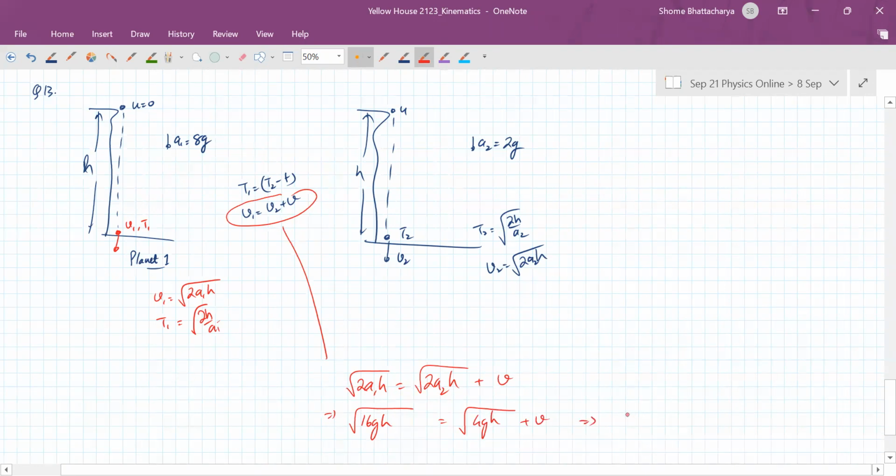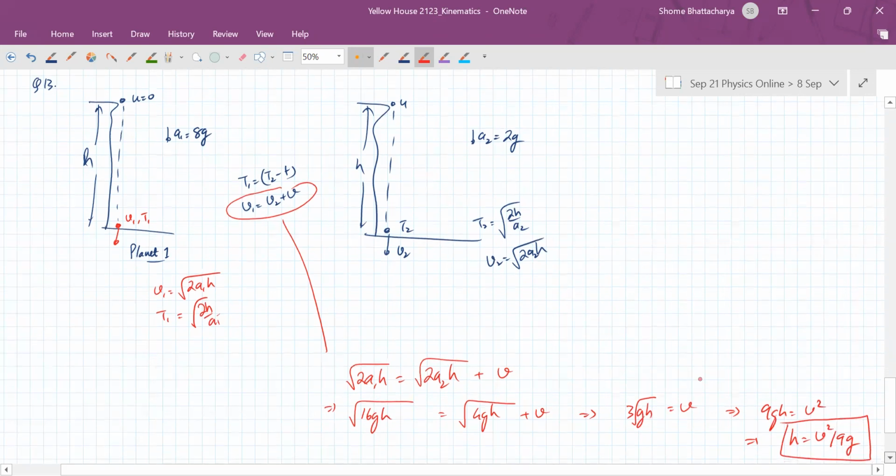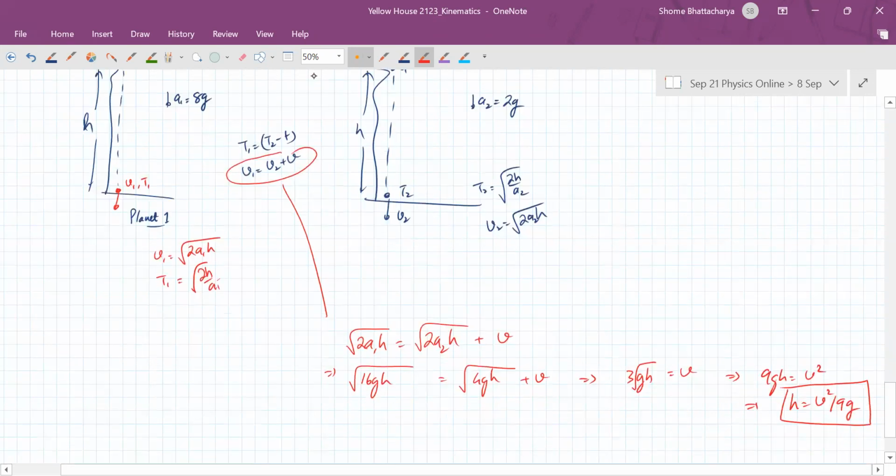So we have 3 root gh is equal to v. Okay. So 9gh is equal to v square. So this is giving us a value of h in terms of g. This is the height from which it must have been dropped. Okay, and we also have that this equation.